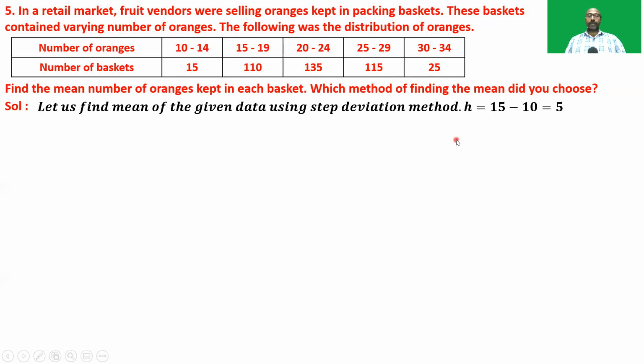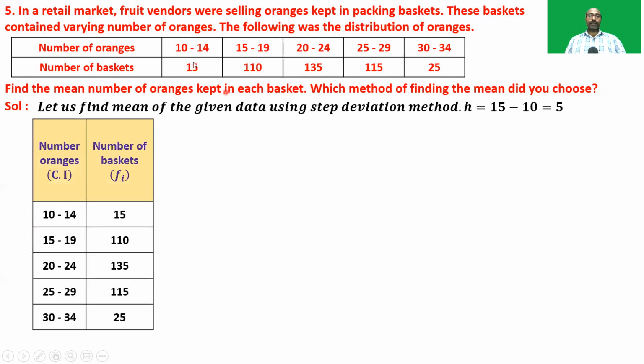Now the first two columns are the same as given in the data: the number of oranges, which are the class intervals, and the number of baskets, which are the frequencies. The third column is class marks.